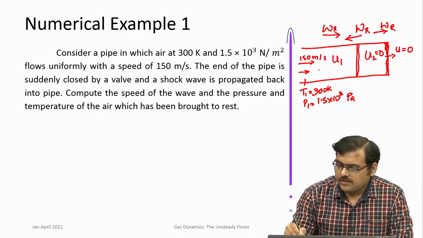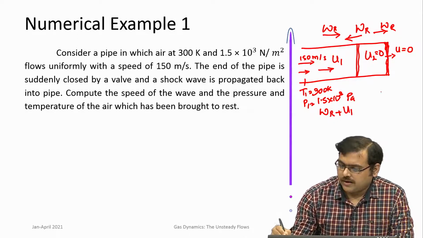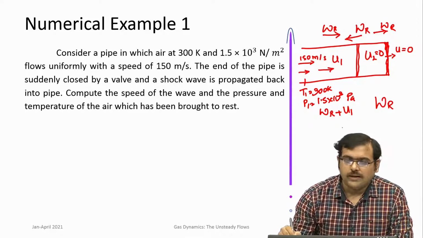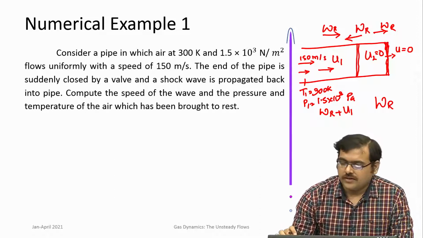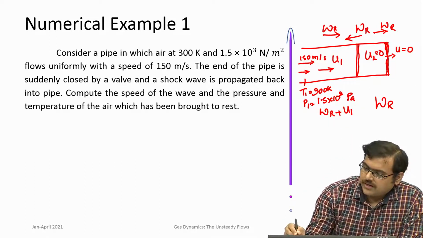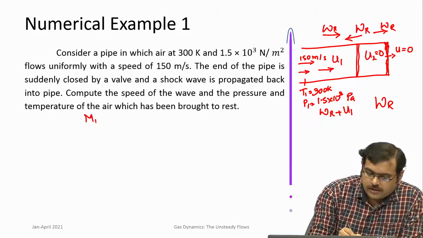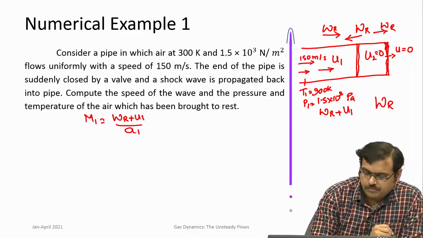Now u1 is also in the same direction, so the relative velocity here is Wr plus u1, and the relative velocity here is Wr, and now you can apply stationary gas equations. So in the stationary frame of reference, what is M1? M1 is Wr plus u1 by a1.